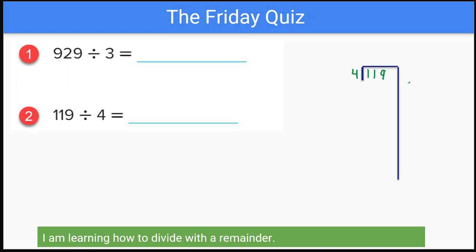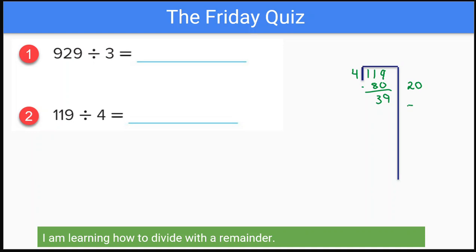If I went 20 4s, that would be 80. You could do it different ways. And we subtract. 119 take away 80. Well, 9 minus 0 is 9. And then we have 11 minus 8, that equals 3. So we're left with 39.